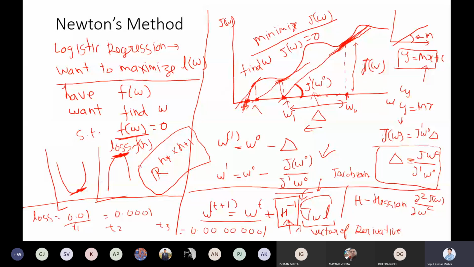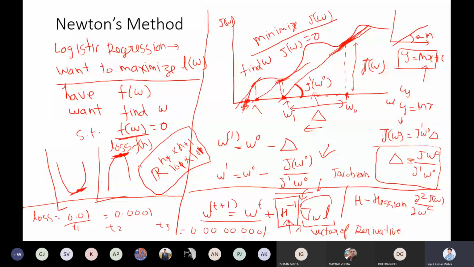It will be invertible in almost all cases, but the challenge is the size. 100 or 200 features is still fine, because 100 features means 101 cross 101. But with many more features, the inversion process itself becomes very complex. So Newton's method is used whenever you have a small number of features.